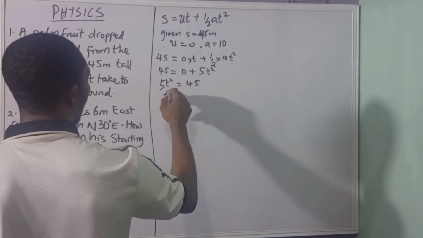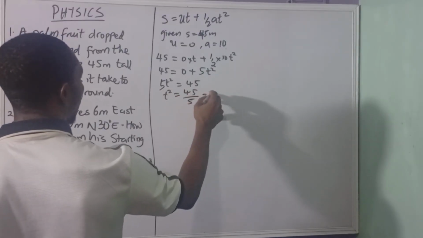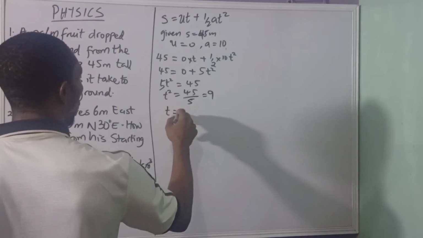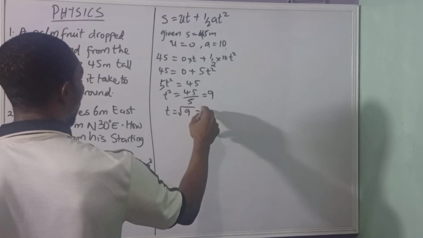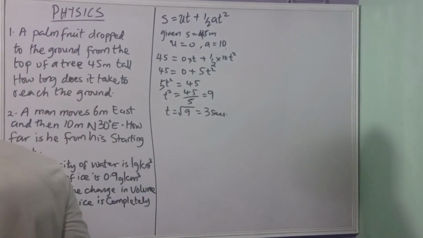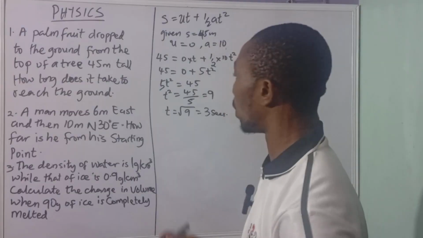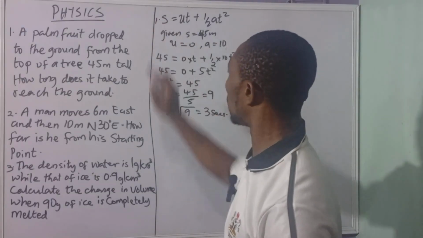So t squared equals 45 over 5, which gives us 9. So t equals the square root of 9, which is 3 seconds. So it takes 3 seconds for the fruit to touch the ground. That's for our question 1.